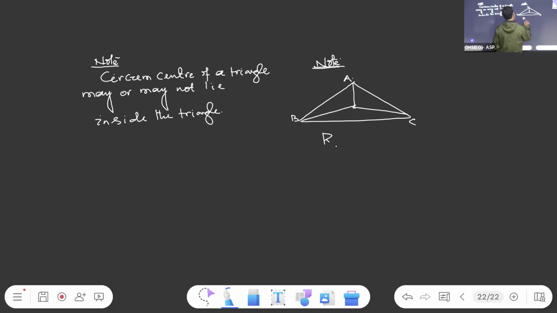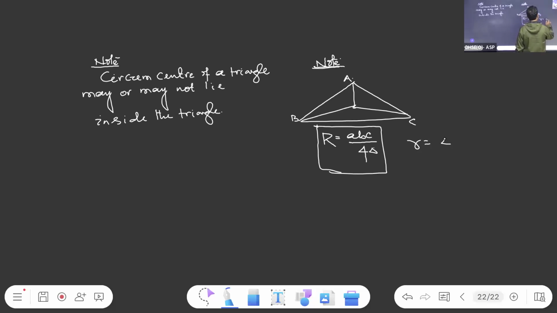Circumradius R is equal to abc upon 4 delta, where a, b, c are the lengths of the sides of the triangle and delta is the area of the triangle. And the inradius r is equal to delta upon s.